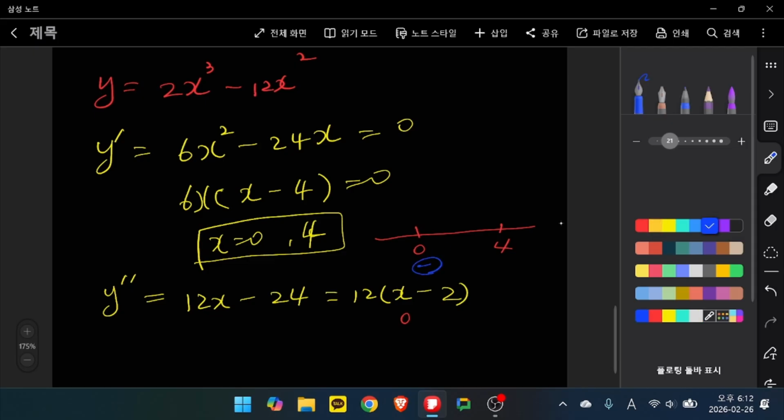If I plug in 4, the second derivative is positive.